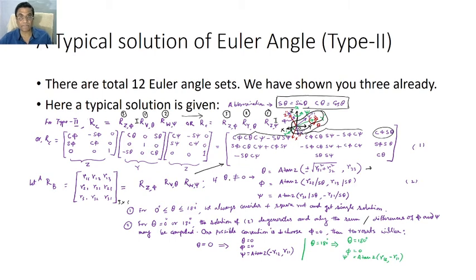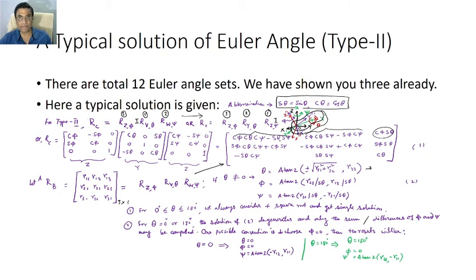Now if theta is not equal to 0, then you will get, I will tell you how you got it, but it's very simple, theta equals atan2 of plus or minus the square root of r31 squared plus r32 squared, comma r33. These are the elements which are given. And how did you get this? You see, I have 9 elements here and 9 elements here, so I can generate 9 equations by equating the corresponding elements of the rotation matrix.